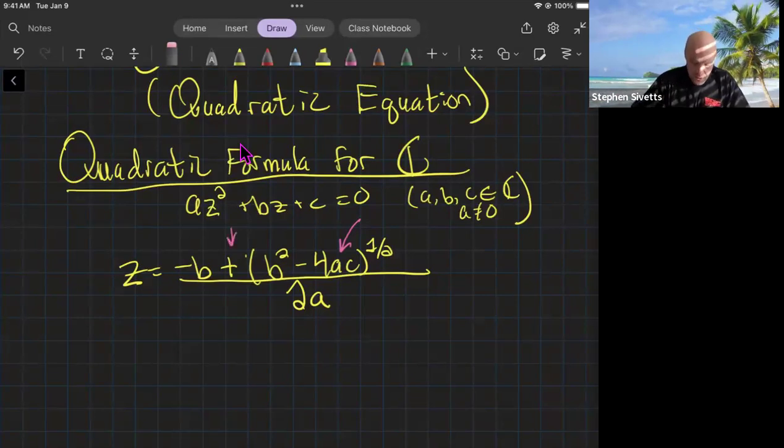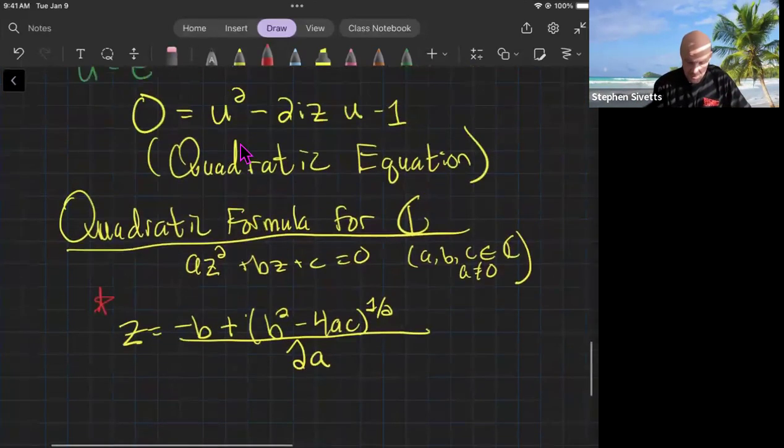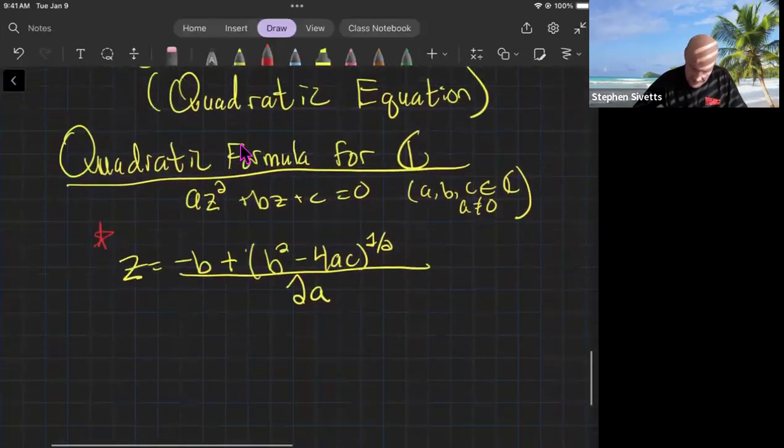That only constitutes with real numbers. But in complex numbers, we just omit the plus or minus symbol, because this quantity as a whole would give us the two distinct roots that we need. So this here is the quadratic formula for complex numbers. It looks exactly the same, so we're going to use that here.